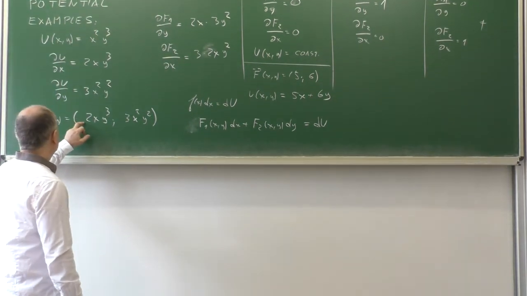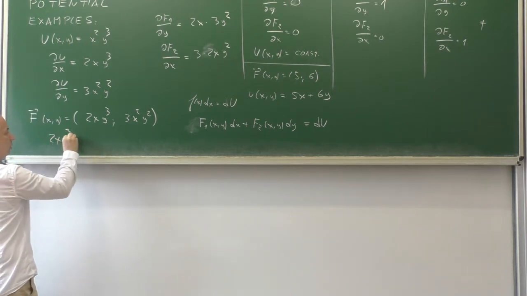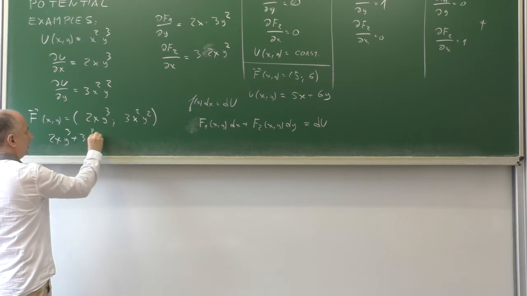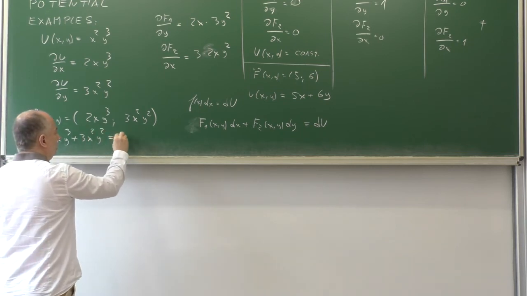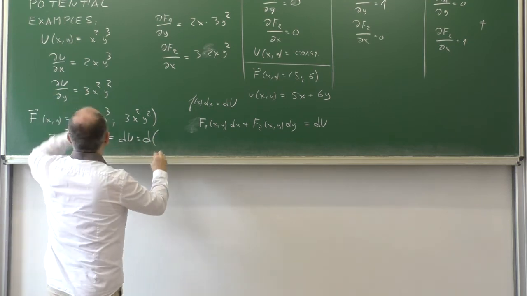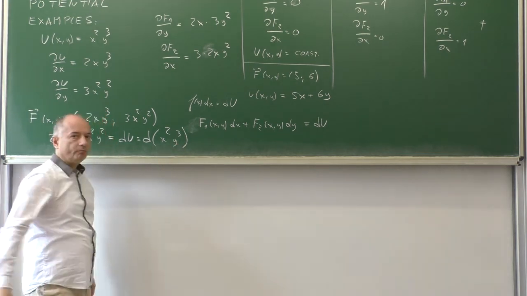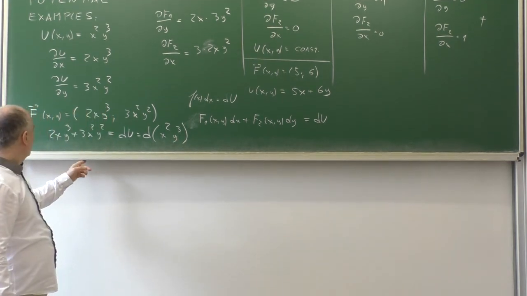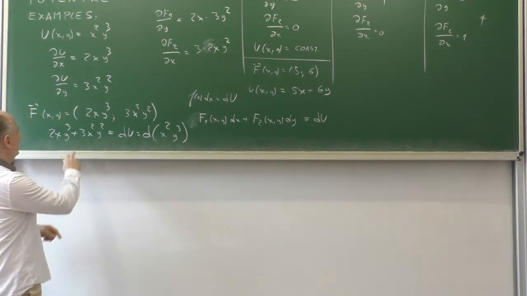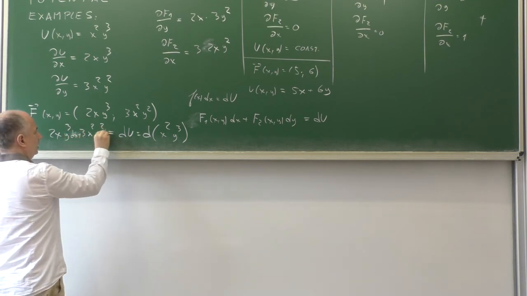If you consider this function, then 2xy cubed dx plus 3x squared y squared dy is indeed the differential of u, that means the differential of the function x squared y cubed.